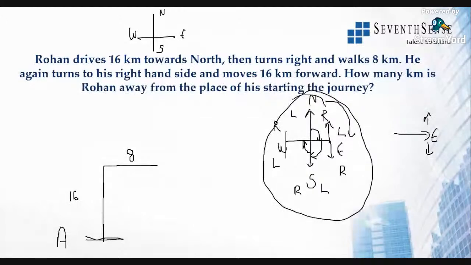Now from east, what direction is he taking? It is 16 kilometers towards south, and he reaches this point. What are they asking? How many kilometers is Rohan away from the place where he started his journey? From the starting point, how many kilometers is he? This is the distance they are asking.